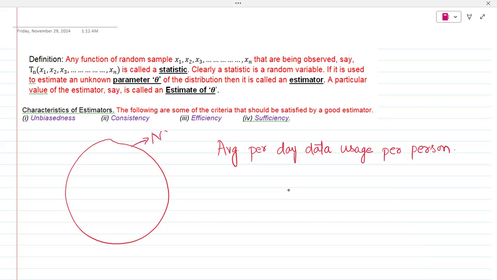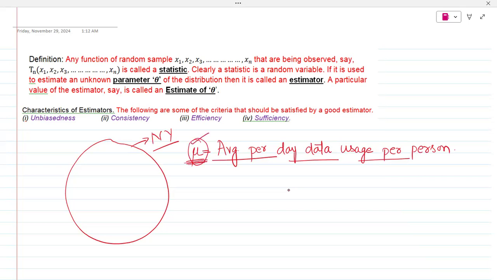So this average per day data usage per person in New York, I will denote by what symbol? Mu, because this is the average, the mean.